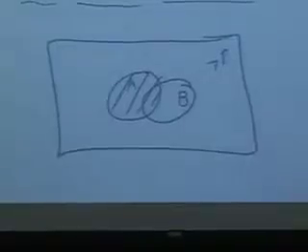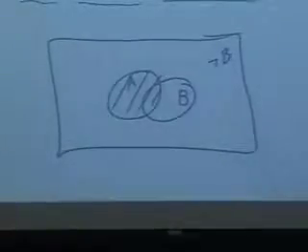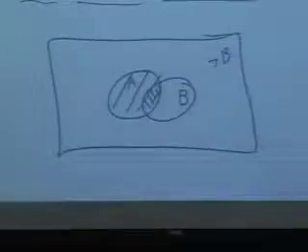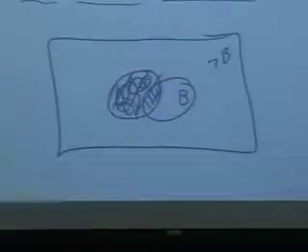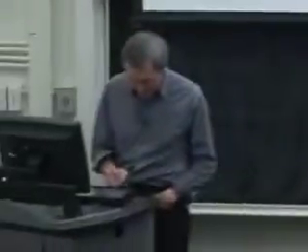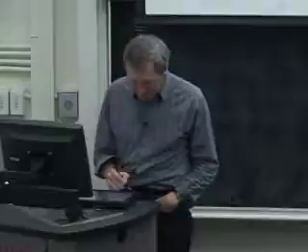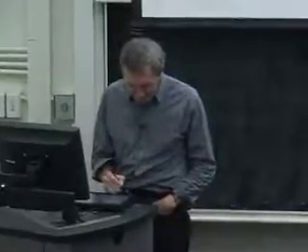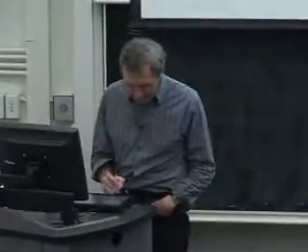Here's not B outside here. The probability of A is just going to be the probability of A and B plus the probability of A and not B. And there's a proof. Let me skip through a few of these.